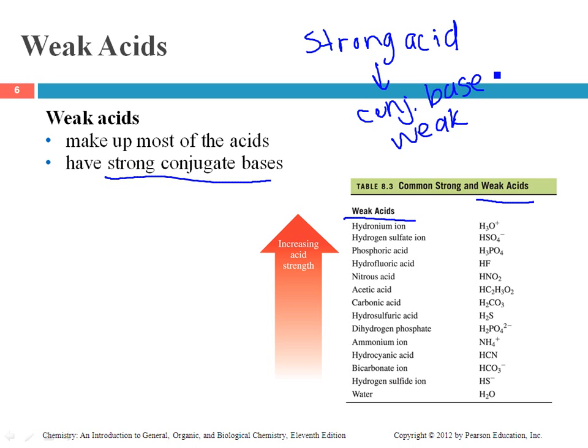But for a weak acid, its conjugate base is going to be strong. And this is showing you that you increase in acidity. So the hydronium ion is the most acidic of this weak acid list, and this would be your least acidic.